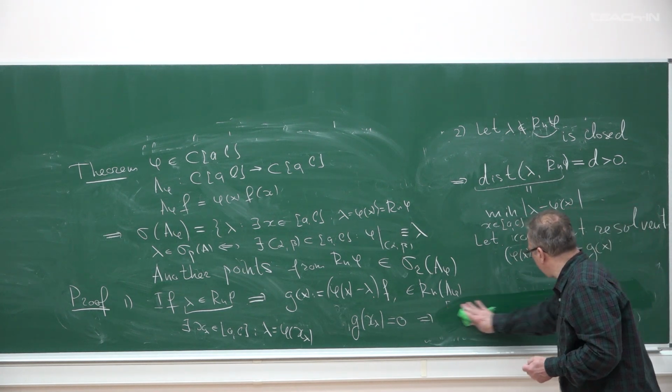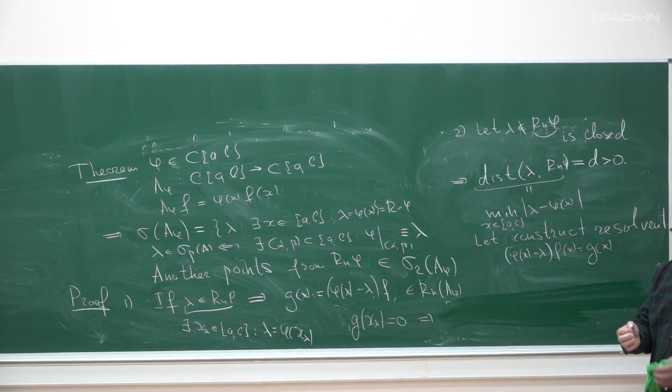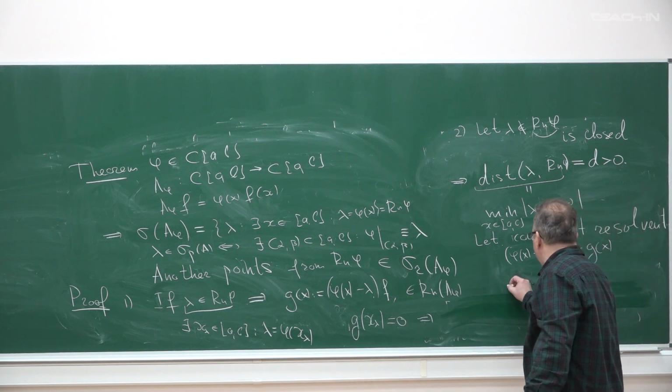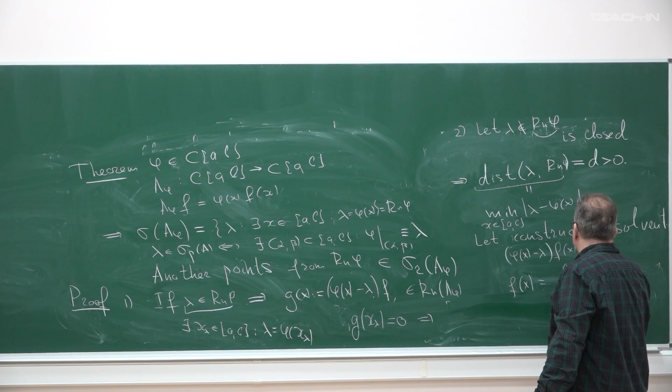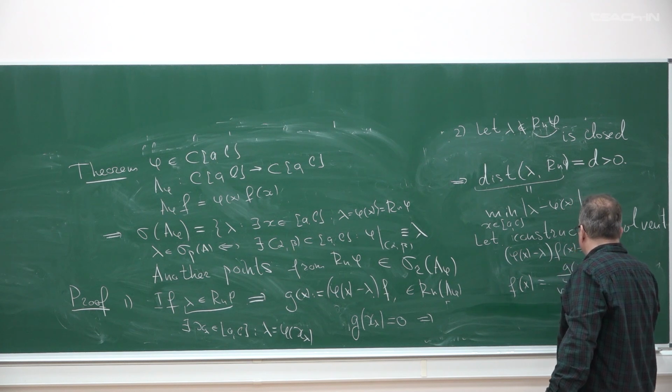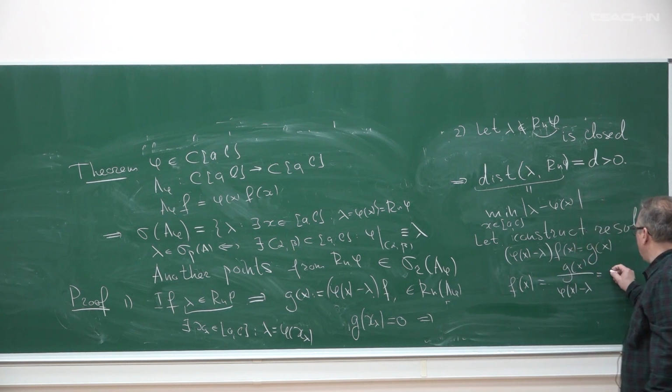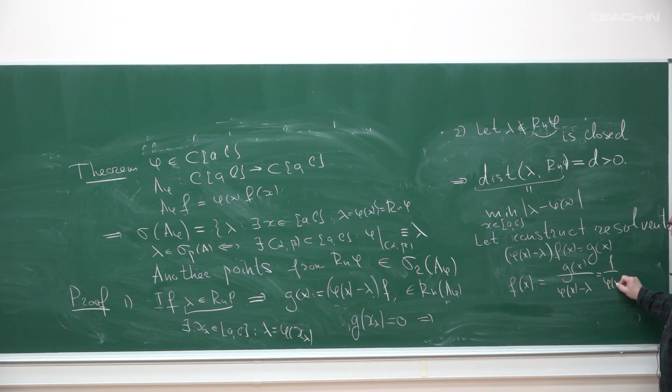Dividing, what do we obtain? We obtain again an operator of multiplication of function, but not inverse, rather 1 over this function, phi x minus lambda.